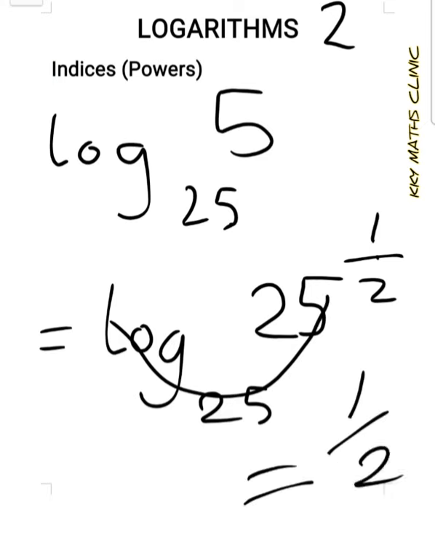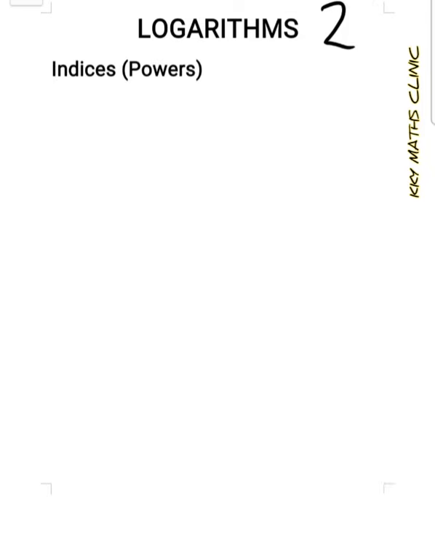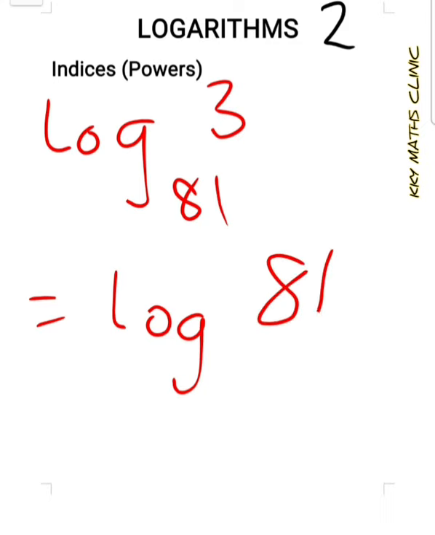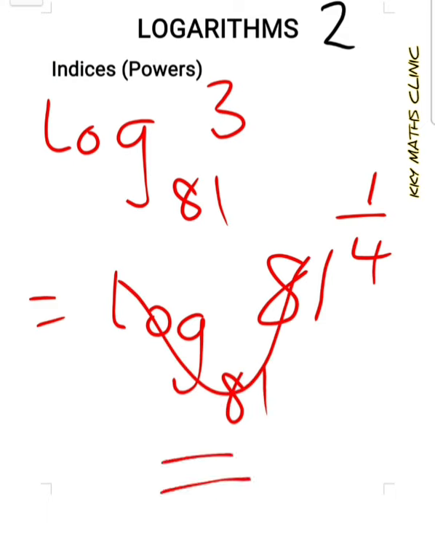Quite interesting, I believe. Okay, we have log 3 base 81. So 3 is the same thing as 81 raised to the power of 1 over 4. We still have our base 81. Base and argument are the same. My answer is 1 over 4.